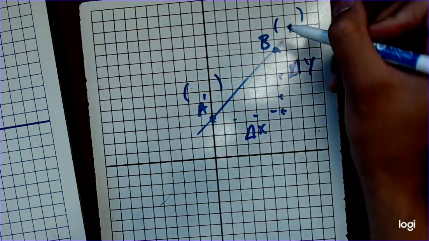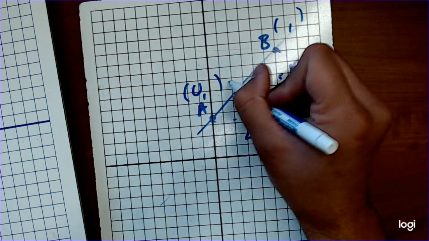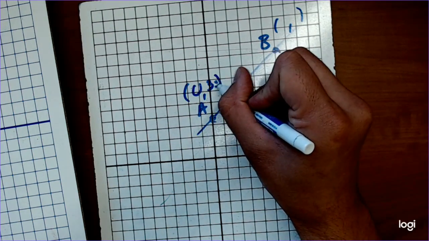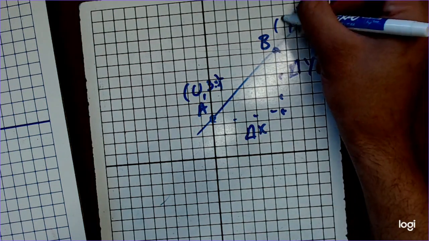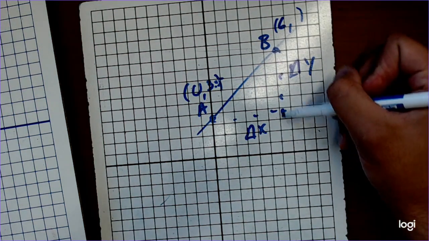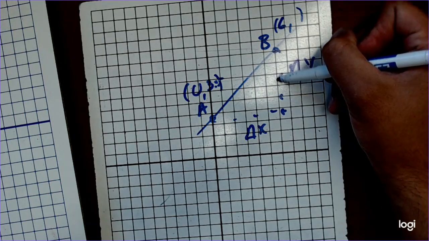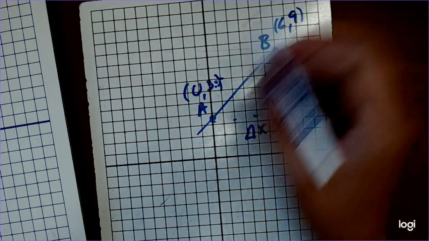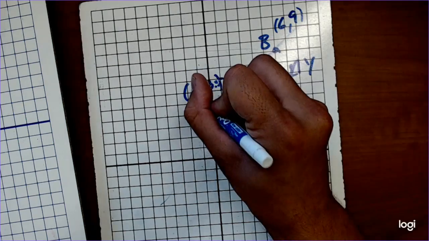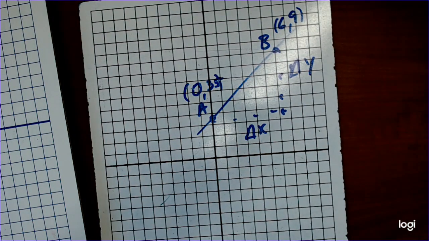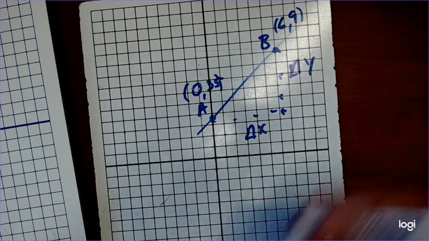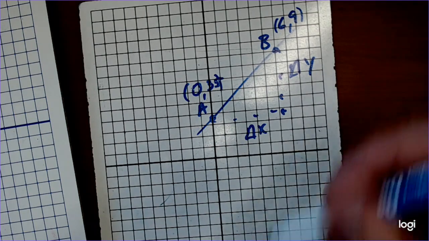I'll just go ahead and use the approximations here. We've got 0, 3.5, and then it looks like we've got 6, 9. So we've got two precise coordinate points, and that's how we get the slope of our line, by doing delta y over delta x.